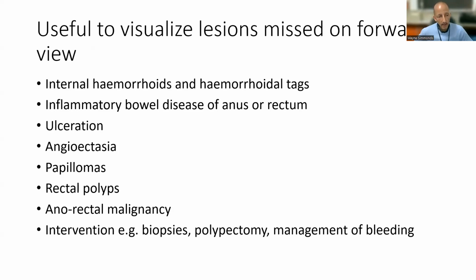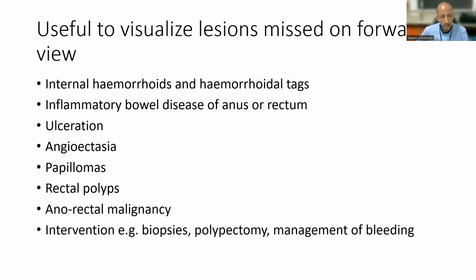And then once you have a pathology in the rectum, retroflexion is often needed in intervention, either to biopsy a lesion, to manage bleeding, or to do polypectomy, either by endoscopic mucosal resection or submucosal dissection, where EMR is preferred in the rectum. So retroflexion is a handy thing in intervention.